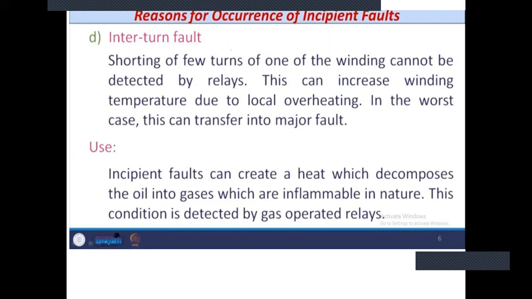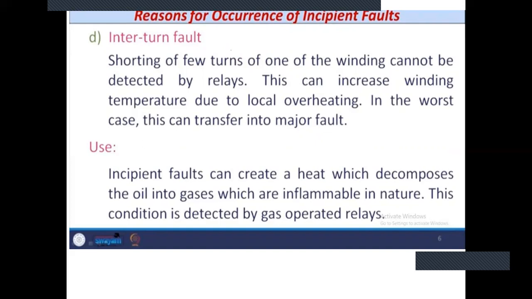This heat decomposes the oil into gases, and these gases are inflammable in nature, which may create hazards. So this type of condition needs to be detected on time. In the actual field, this type of incipient fault or condition can be detected by gas operated relays. Let us now discuss the working of the gas operated relays.